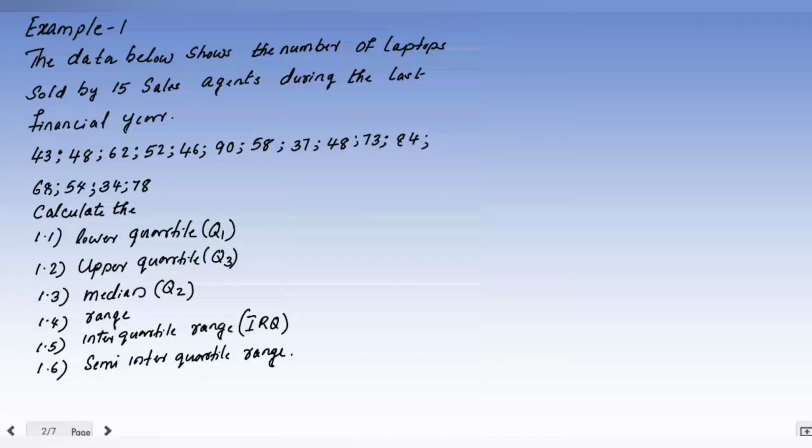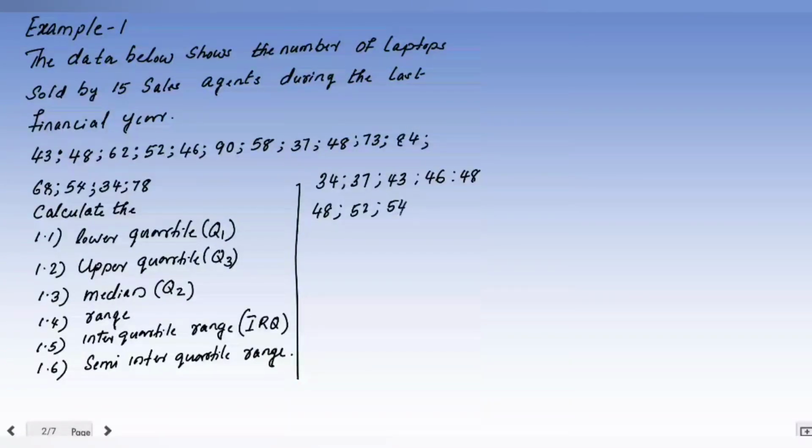So let me arrange the data first. 34 is the smallest number, then 37, 43, 46, 48, then 48 again, 52, 54, 58, 62, then 68, 73, 78, 84 and 90.